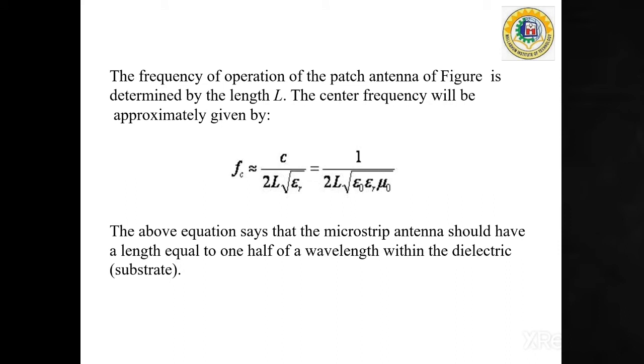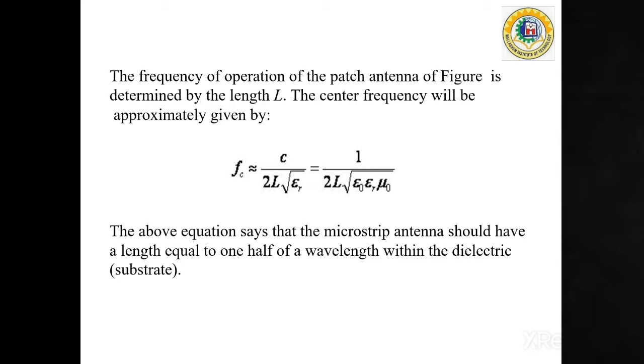Now, the frequency of operation of the patch antenna, as shown in the figure, is determined by the length L. The center frequency can be approximately given as Fc is almost equal to c by 2L root epsilon r, that is equal to 1 by 2L times root over epsilon 0 epsilon r mu 0.